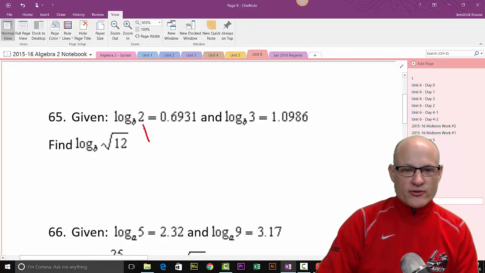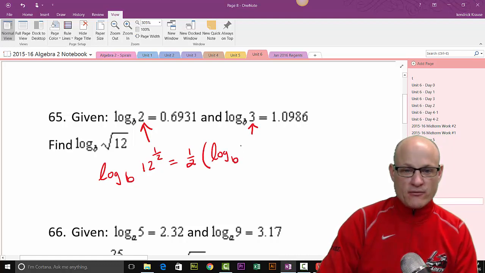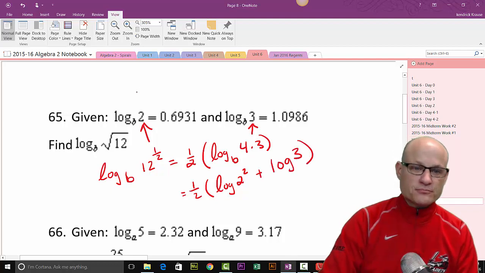I want to convert this thing so it only uses 2s and 3s. So let's do this. Log base b of 12 to the 1/2 power. So that's equal to 1/2 log base b of 4 times 3, which is equal to 1/2 log of 2 squared plus log of 3.